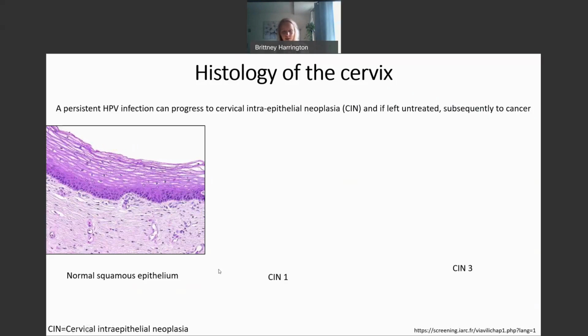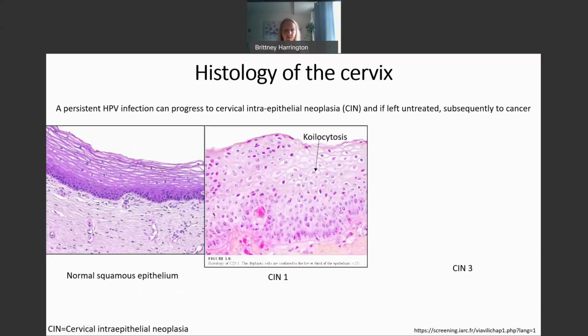So in the case of HPV infection, you get a progression from normal squamous epithelium towards these cervical intraepithelial neoplasms, so CIN.